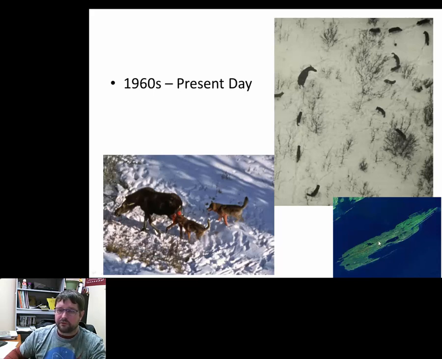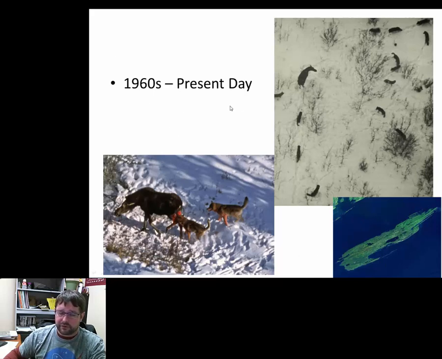And researchers have been looking at the cycles of moose and wolves on these islands for a long time. From the mainland, moose have been able to get onto the island, and also wolves have followed them out. So they've swum across this channel from the mainland onto the island.